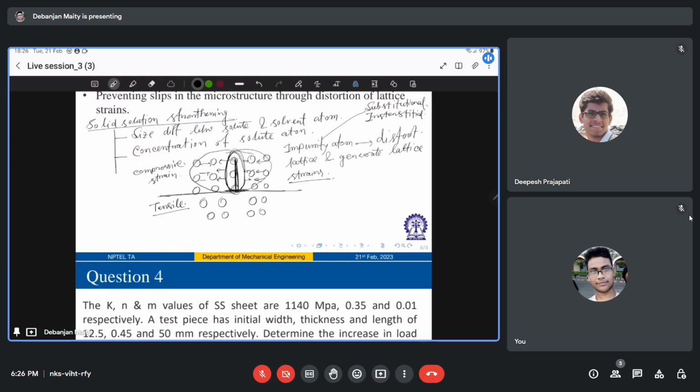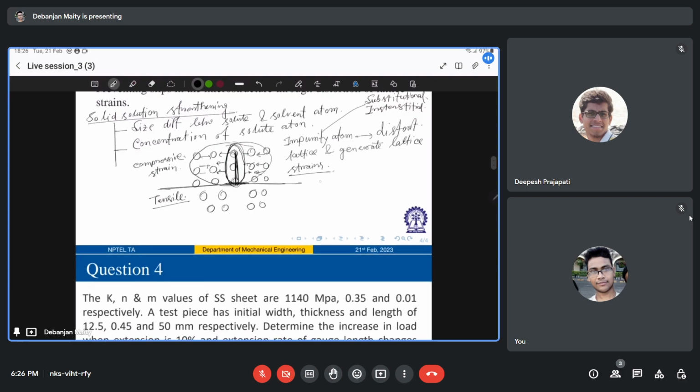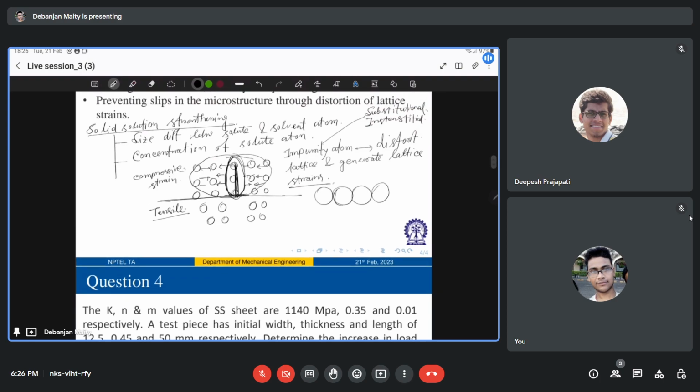Means if you think in terms of atoms, let us say you have this kind of atomic arrangement, and then you have these smaller atoms over here, like this.